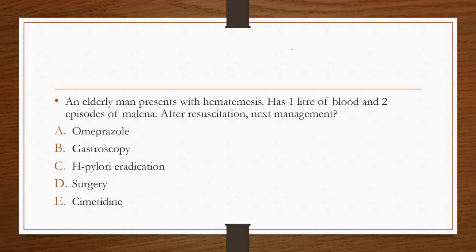What are you going to do? Now, be very careful when you read the question and when you read the answers. Here, what is asked is, after resuscitation, the next management. So the resuscitation component, you don't need to worry here, because whenever you have a patient coming with hematemesis, and this is not a small hematemesis, it's very significant: 1 liter of blood vomited and 2 episodes of melena as well.